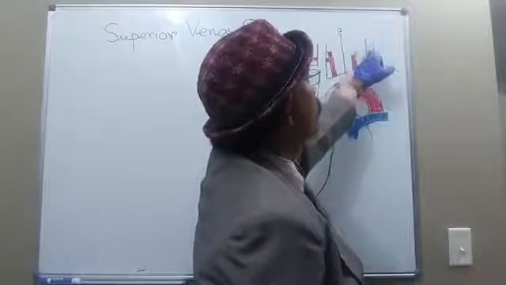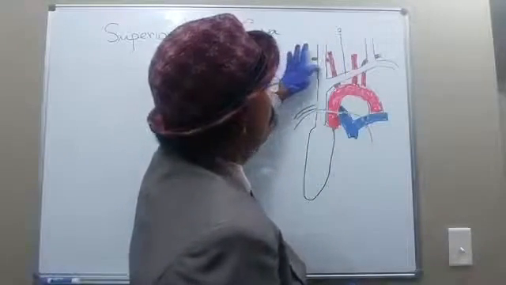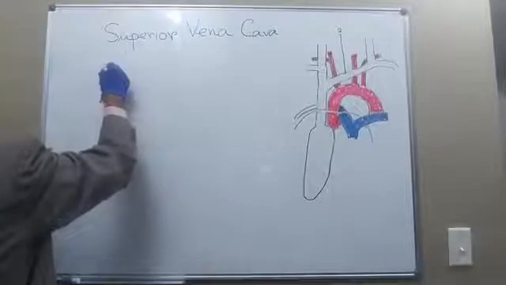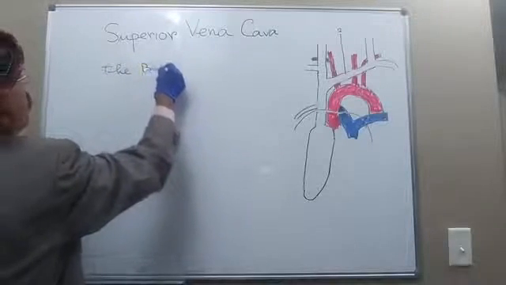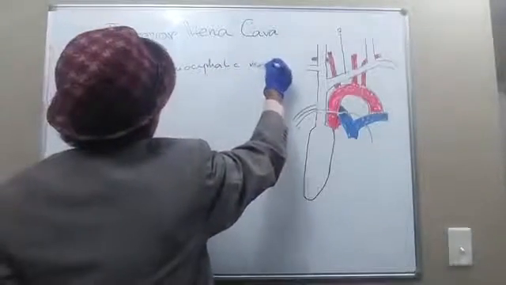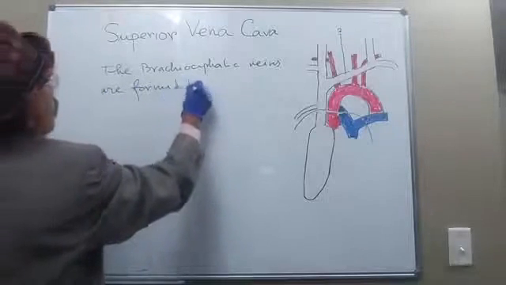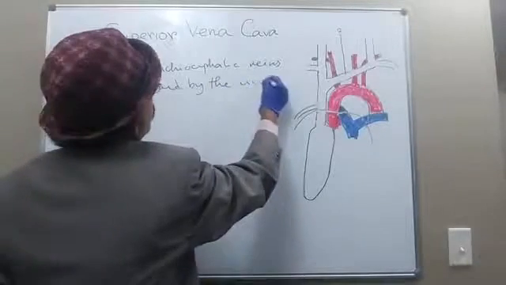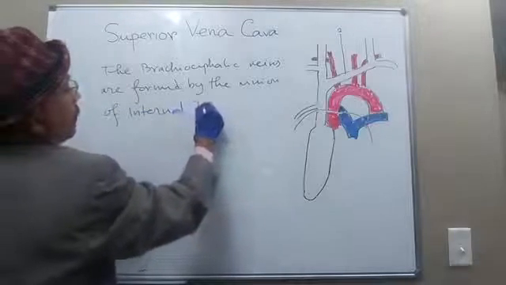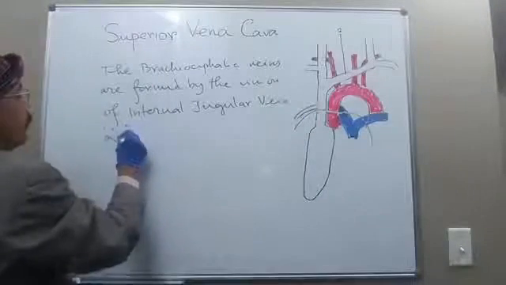This is the left internal jugular vein and left subclavian vein, and the right internal jugular vein and right subclavian vein.